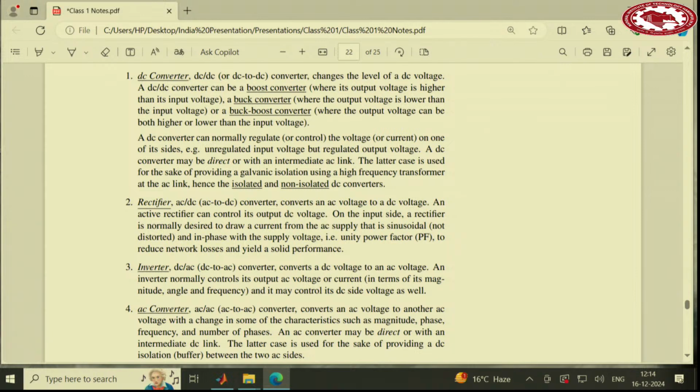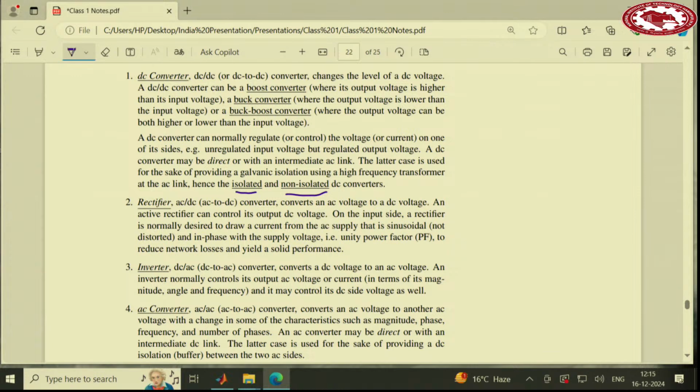So some of these DC-DC converters give you isolation. Some of them do not give you isolation. So especially in the context of DC-DC converters, we have isolated and non-isolated converters, which is terminology that is very much used. By isolation, we mean galvanic isolation between two sides.